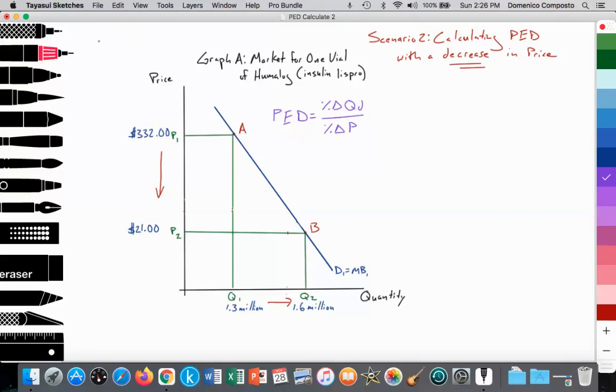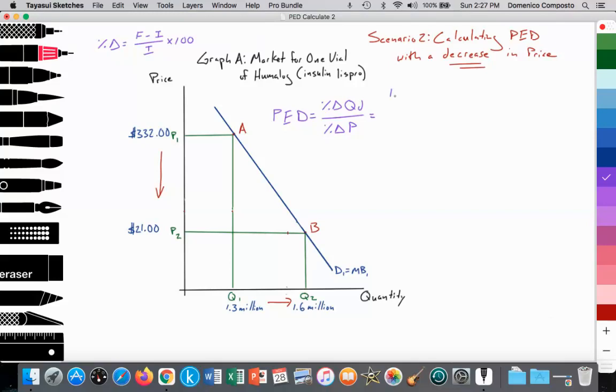And we want to remember that percent change is equal to the final value minus the initial value divided by the initial value multiplied by 100. So here we have our final quantity of 1.6 million. That's our initial quantity of 1.3 million. So we can make that calculation.